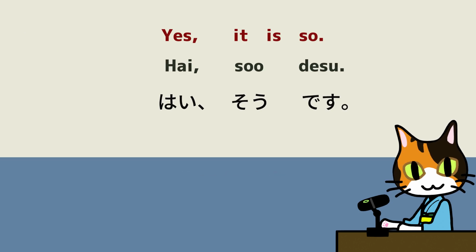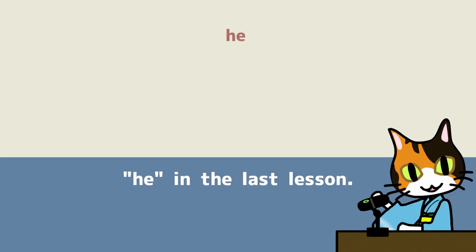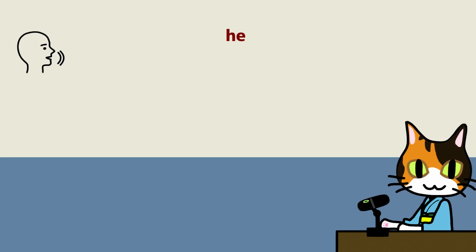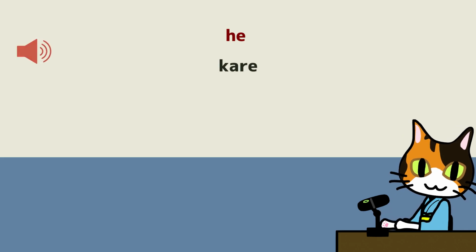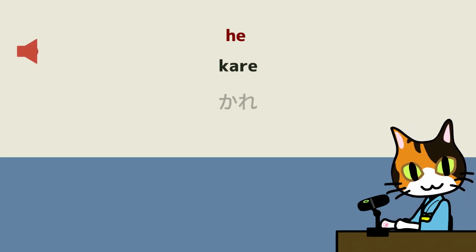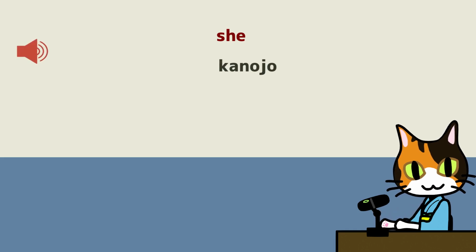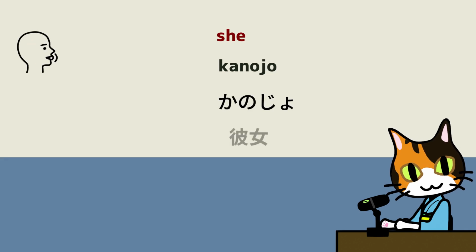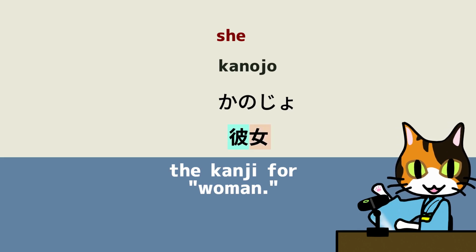Wonderful. Now try saying, is she a student? We learned the word, he, in the last lesson. Do you remember how to say it? 彼。 Here's how to say, she, in Japanese. 彼女。 The word, she, is made up of the kanji for he and the kanji for woman.